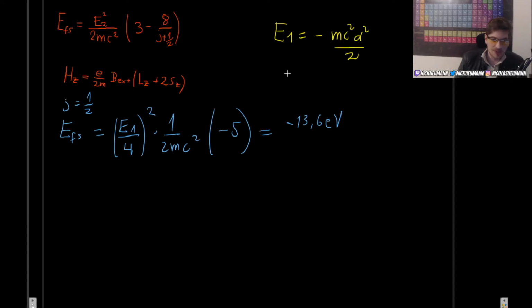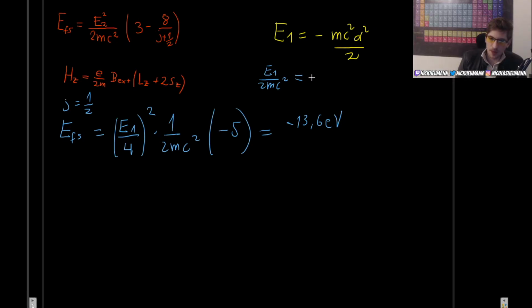So from here we will say, all right, alpha squared, because we have 1 over 2mc squared and E1. So let's actually solve for E1 over 2mc squared. So in order for us to do that, we would have to divide by 2 both sides.